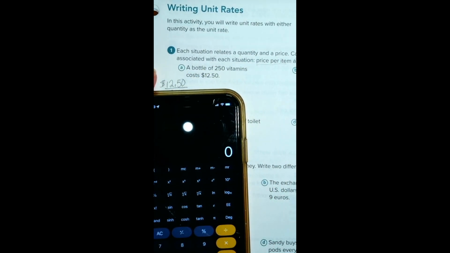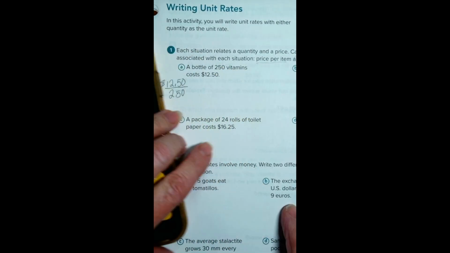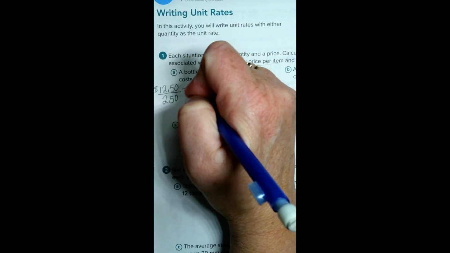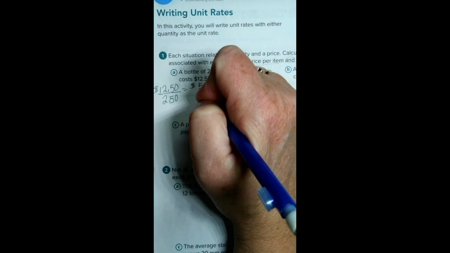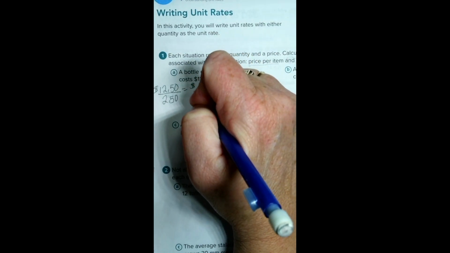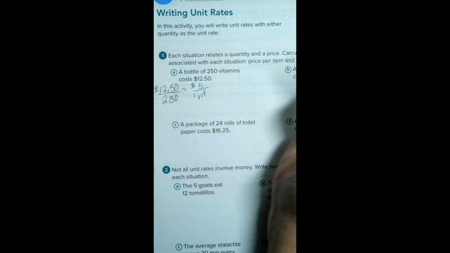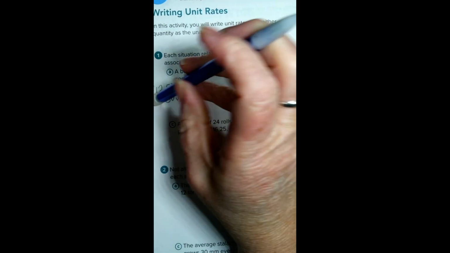So we have 12.50 divided by 250. You can do 2.5, you can do 2.50, it doesn't make a difference. So we get 5. So that equals $5 per one vitamin, because these are vitamins here.